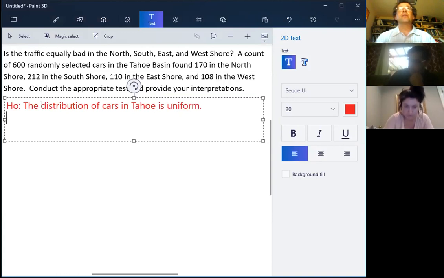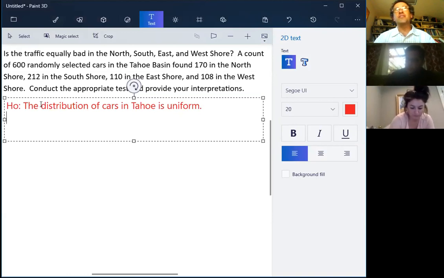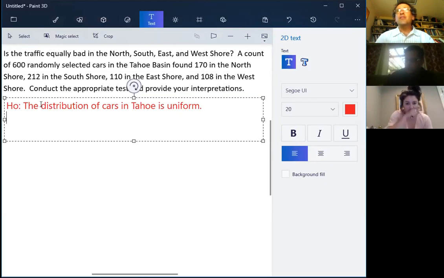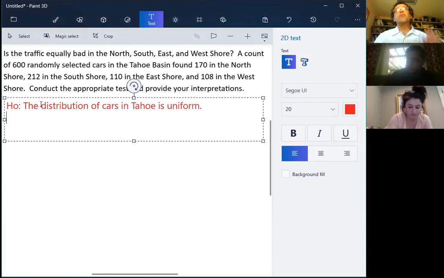It's very simple, but I promise you, if you don't have the word uniform, you don't have the word distribution, I will take off points. It's not always going to be uniform. There are other reasons, and we'll see an example or two of why you use a chi-squared goodness of fit, but distribution has to be there.